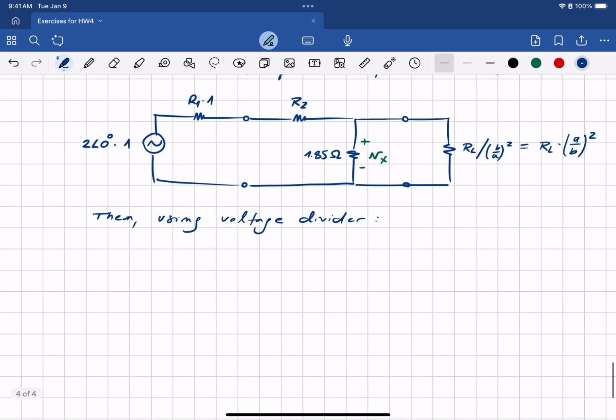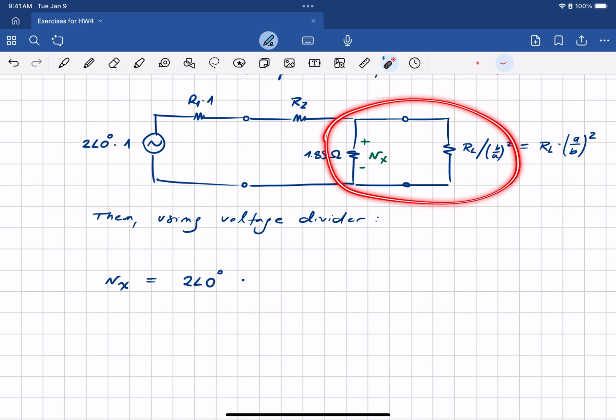Then using voltage divider, Vx is going to be the source, 2 angle 0, times the impedance of interest divided by the sum of all the impedances.